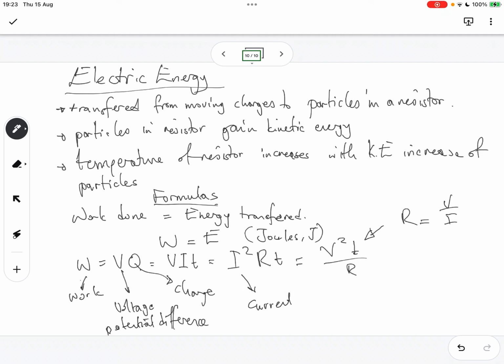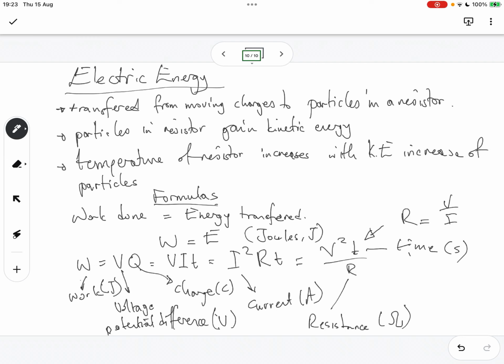I is our current. R is our resistance. And T is time. In seconds, this is in ohms, this is in amps, this is in volts, and this is in coulomb. Work is measured in joules.